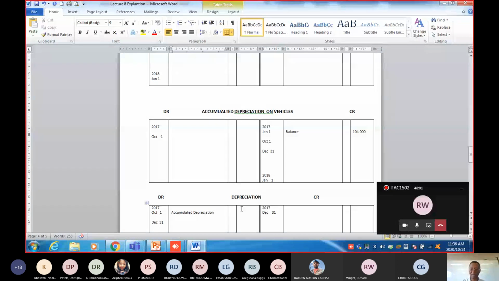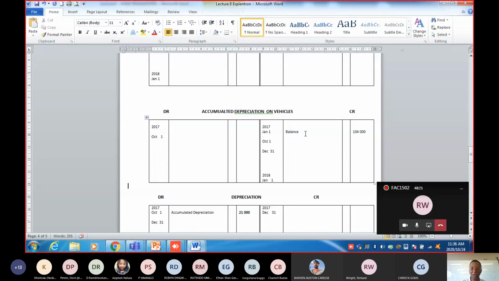We had seen that that was 21,000 Rand. So the journal entry is debit your depreciation account, credit accumulated depreciation.